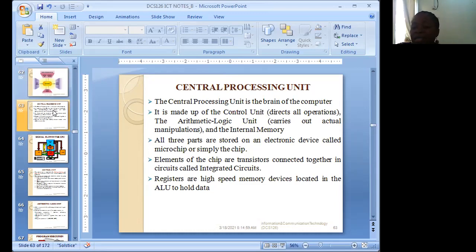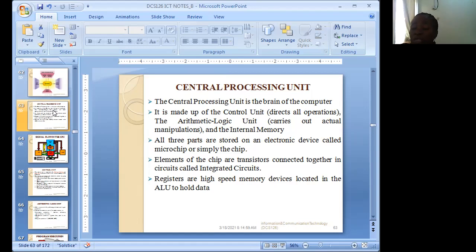Basically, we say the CPU, the central processing unit, is the brain of the computer. Why call it the brain of the computer? Because that is where every information is processed. The data, what comes in as input, the data, instructions, and everything that comes in as input into the computer system is processed in the CPU and by the CPU.